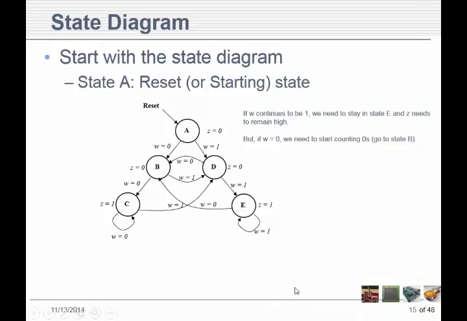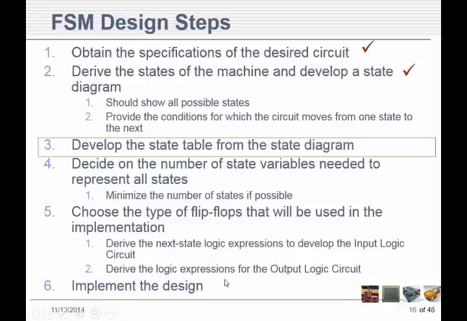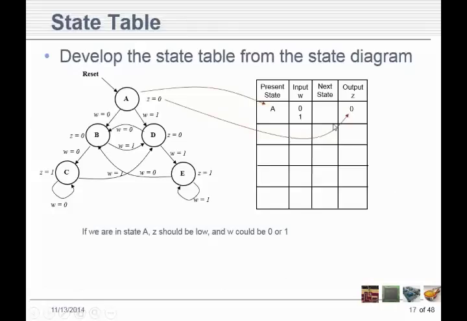Well, we know it's going to be more than 1, which would take care of 2 states. 2 would take care of 4 of these states, and unfortunately we have 5, so we would need at least 3. Okay, so from my state table, I decided we had 1, 2, 3, 4, 5 states.